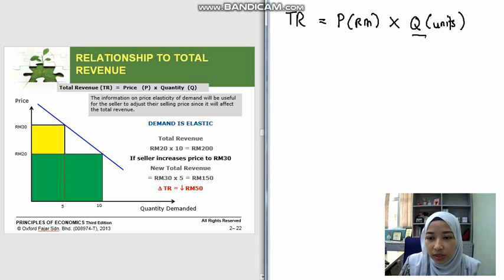So how much you sell, you multiply with the price of each unit of the product, and you get your sales or your total revenue.